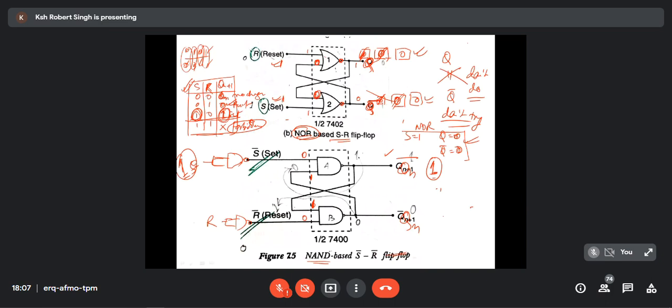This will become 0. Then it is contradictory. Though this is 1 and this is 0, they are opposite to each other, no problem. But you are saying QN bar. In the truth table, when S is equal to 1, S is set, so QN should also be 1. Now your QN is equal to 0. Then it is wrong. So you cannot change the terminal. Can you understand?